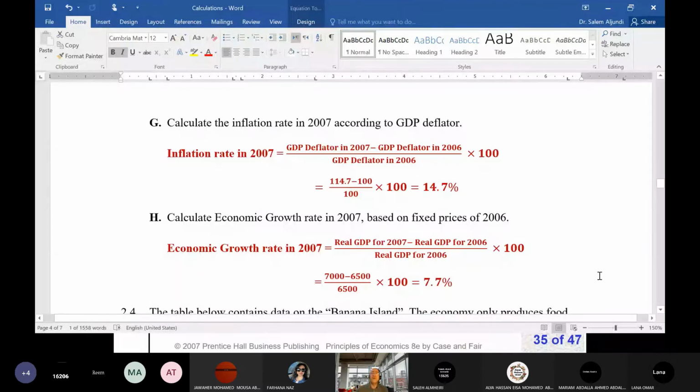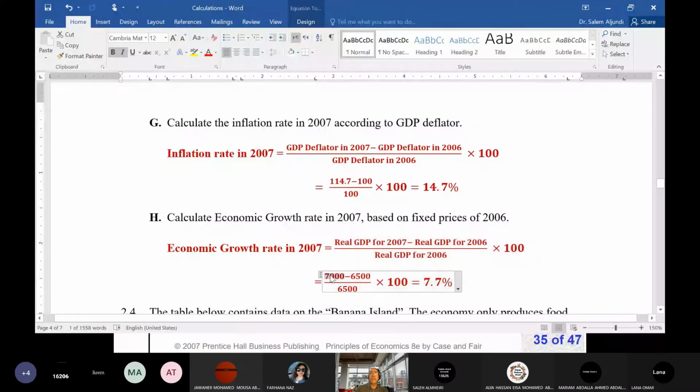So what is the formula? It is delta Y divided by Y. The new real GDP in 2007 minus the real GDP in the previous year, divided by the real GDP in the previous year, times 100.